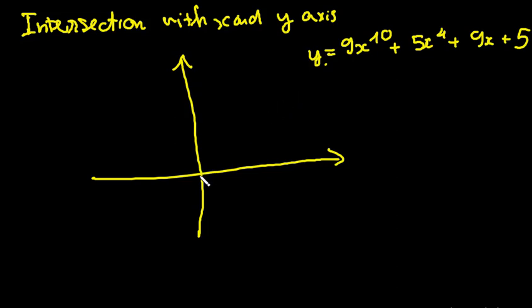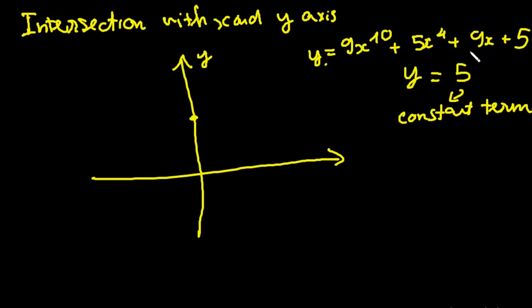So when x equals 0, y will be equal to 5, equal to the constant term. We call this one the constant term. And here is the place where the graph will intersect with the y-axis, because when x changes, the constant term is not affected by the value of x. So when x equals 0, y will be equal to the value of the constant term. So it's where the graph will intersect with the y-axis.